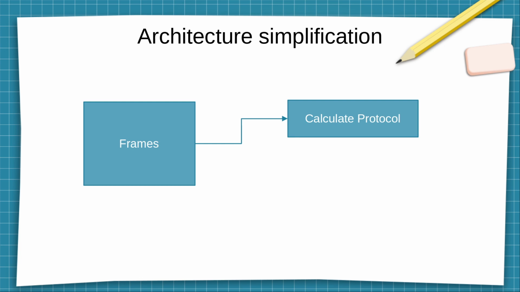So I've got my frames object, which is dependent on a calculate protocol, which is the only facet that really needs to be done at a point that's not before or after a call to the frames object. So that one is kind of a bit more tightly woven in. So I've got that protocol there, and frames only depends on something implementing that protocol.